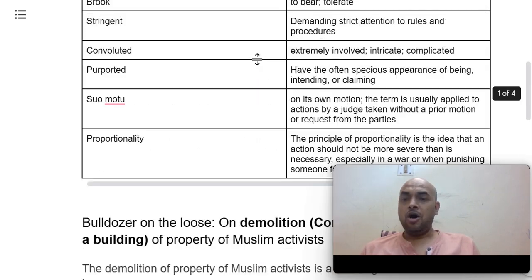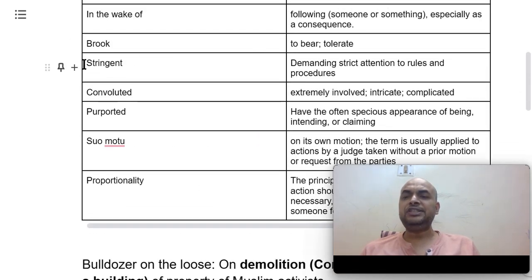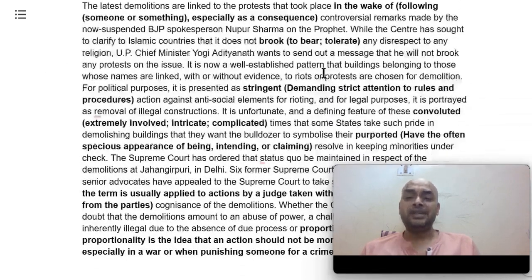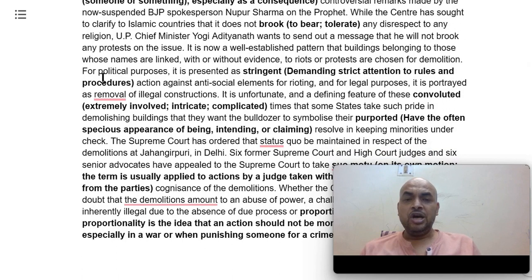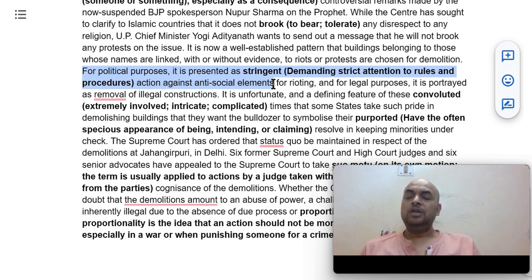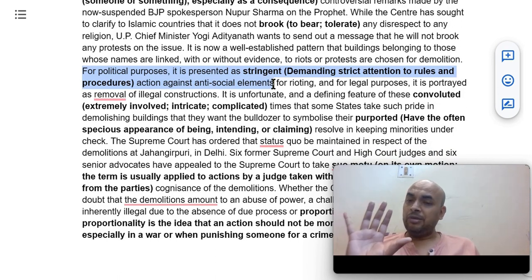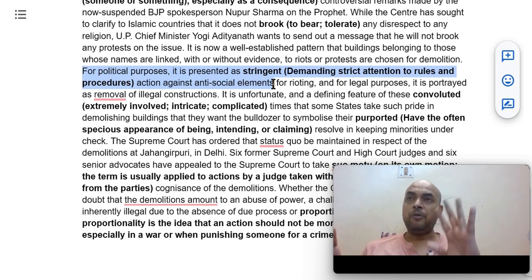ओके, और उसके बाद अगला शब्द देखते हैं stringent. Stringent simply means strict. ओके, stringent का मतलब देखते हैं contextual uses. For political purpose, it is presented as stringent action against antisocial elements. So, from the politics perspective, it is shown as very strict action against antisocial elements.